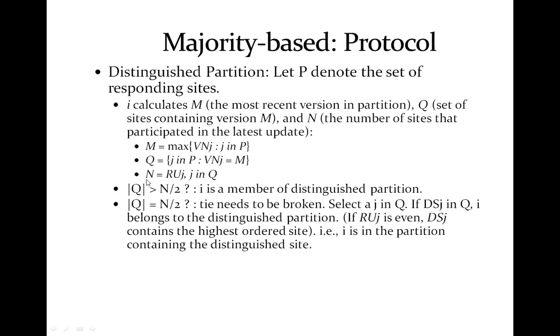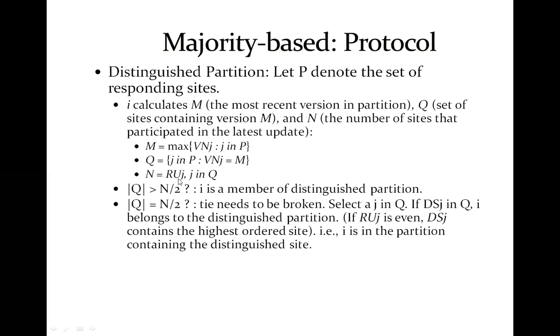And the third one it calculates is N, which is RUJ, meaning the replica update count at the different sites J, where J belongs to Q. What is Q? Q is those sites which have the maximum version number.